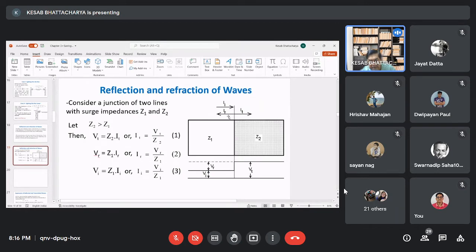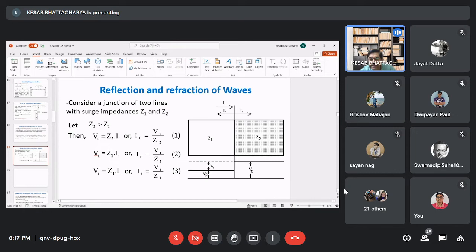Ir is the reflected current wave, and It is the transmitted current wave, Vt is the transmitted voltage wave. Now, if Z2 is the surge impedance of the second line and It is the current flowing through it, then obviously Vt can be written as equal to Z2 into It, from where we can write It is equal to Vt by Z2. Let that be our equation 1.